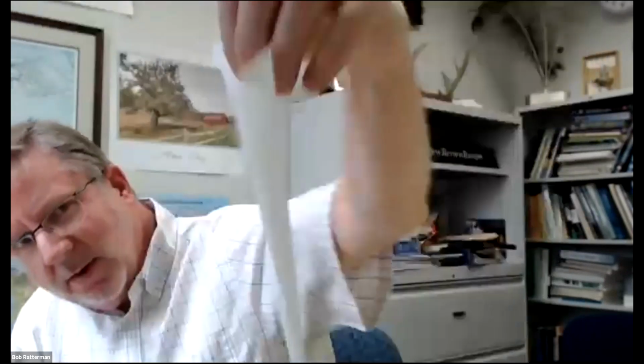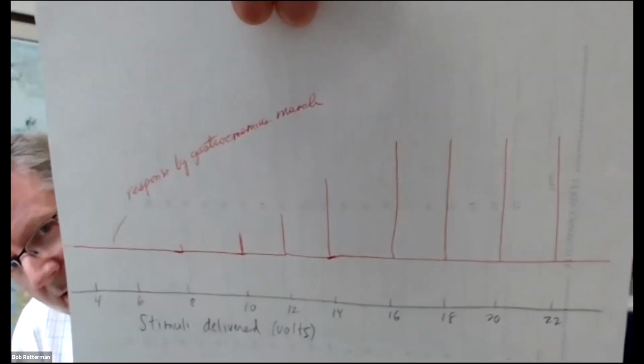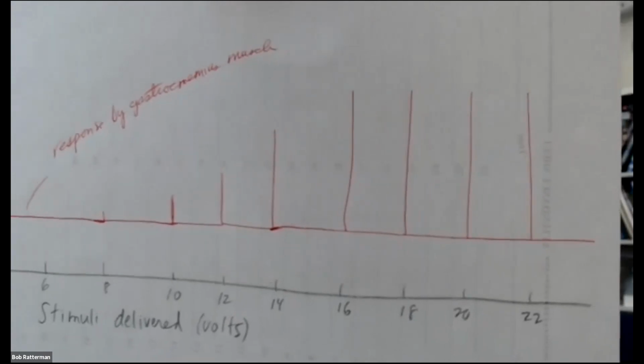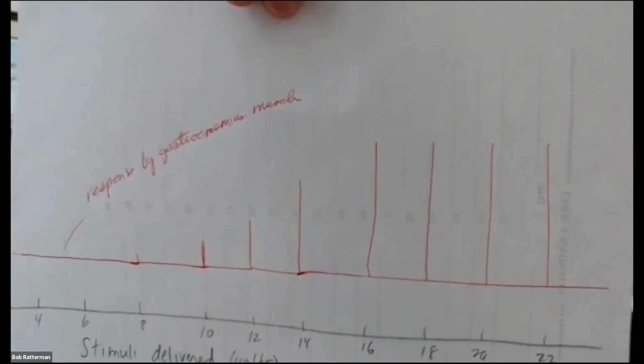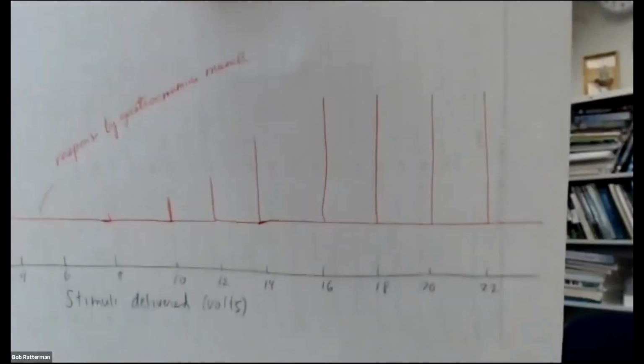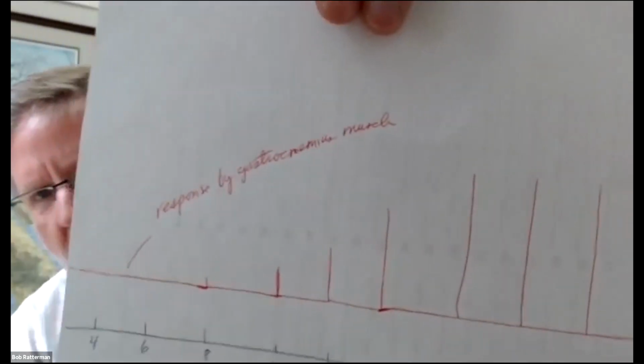Until we get to 16 volts. And then no matter how much higher we go, the magnitude of the contraction, the height of the contraction, stays the same, right? So can you explain that? So it reached its maximum threshold. No. Well, yes and no. Think about related to motor units.